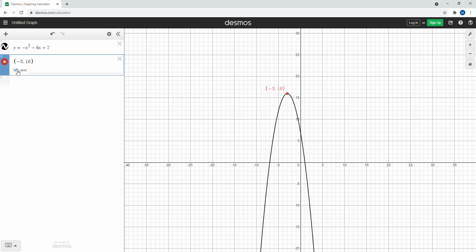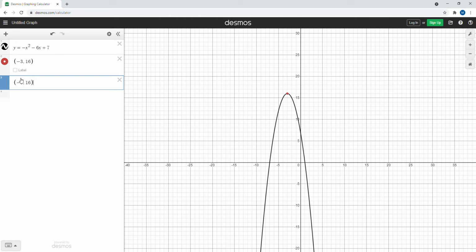Okay, so you remove that label for a moment. So we're going to do the same thing that we did previously, which is we're going to copy our vertex. So I select the vertex and then I go Control or Command C, depending on whether I'm using a PC or a Mac. So I copy that vertex and then I do Control or Command V, and I'm going to do that 10 times because we need this point 10 times.